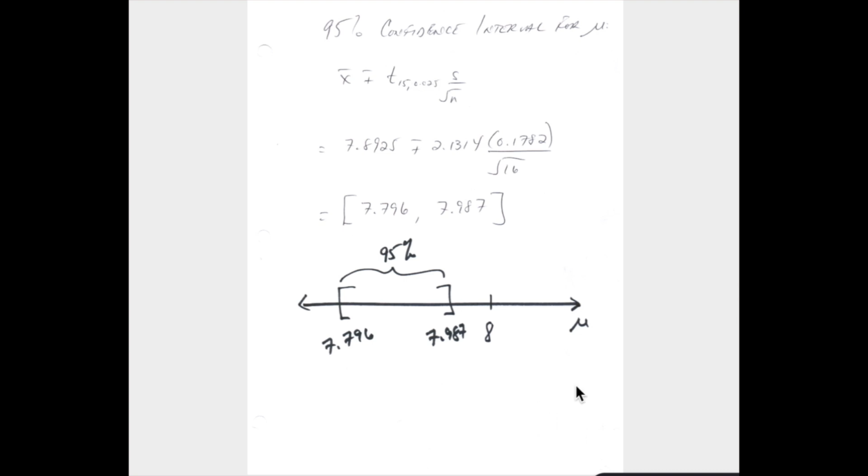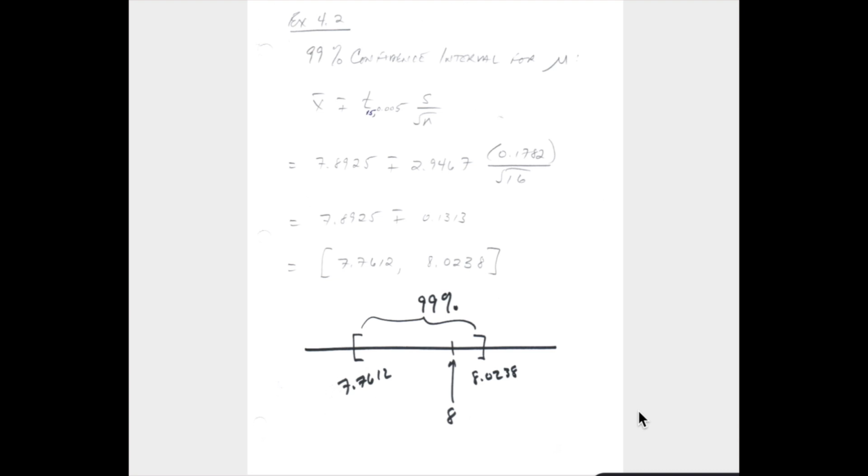Now, in addition to being able to make that qualitative decision whether to reject the null hypothesis or not, which in this case we would, above and beyond that, we actually have a range of values that we have high confidence that the mean is within. So we actually have more information using this confidence interval than we do with that hypothesis test, because we not only can make a qualitative decision about whether to reject the null hypothesis that the mean is equal to 8 ounces, but we have this range of values that we have high confidence that the mean is actually contained within.